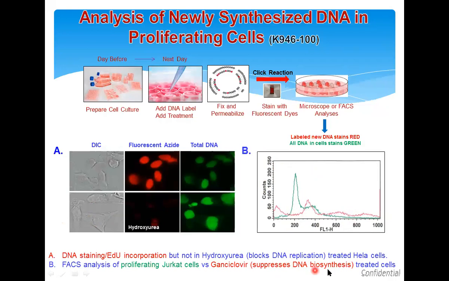It suppresses the DNA biosynthesis. So this tells you the specificity of the reaction. When you're suppressing DNA synthesis, you don't see that, but in the proliferating cells you see the analysis of this newly synthesized DNA in the proliferating cells only.